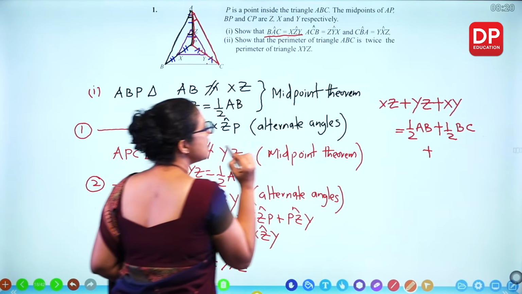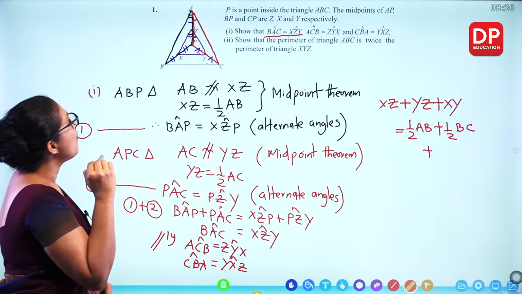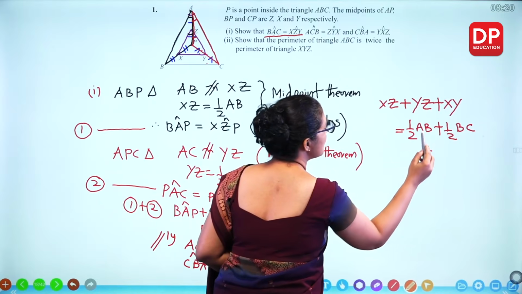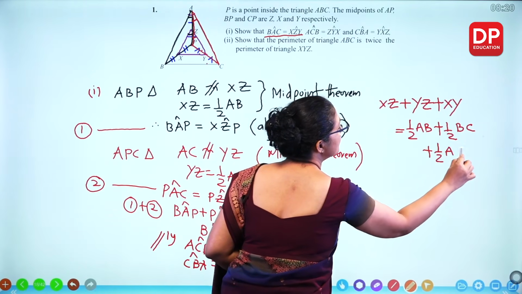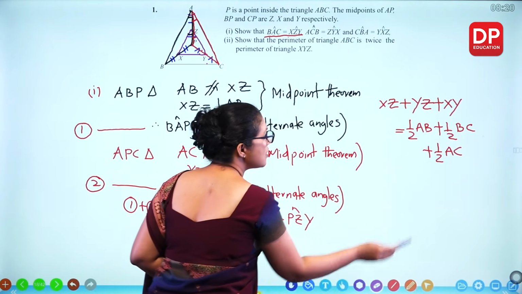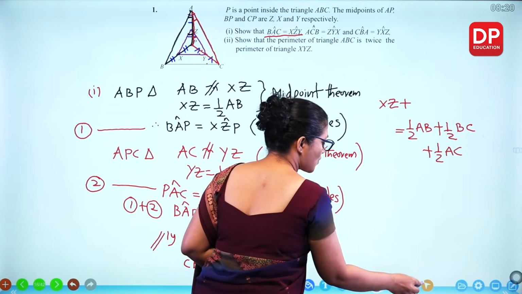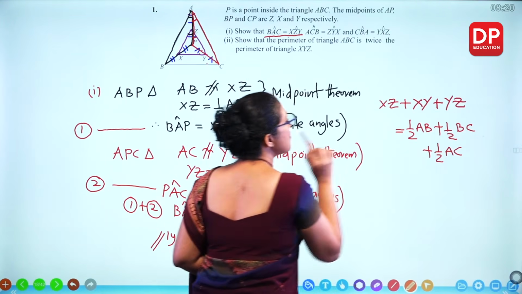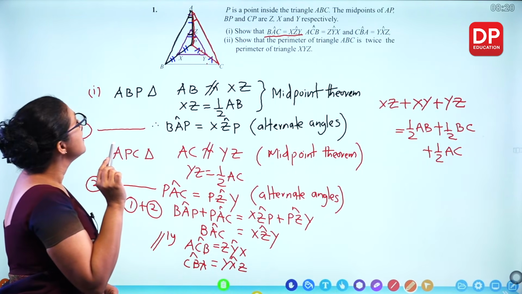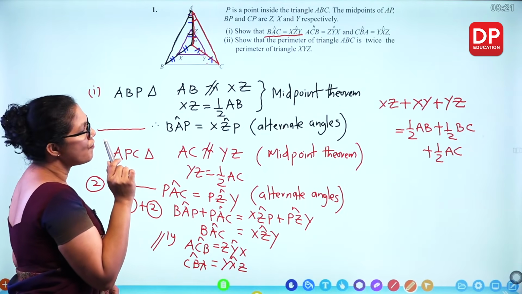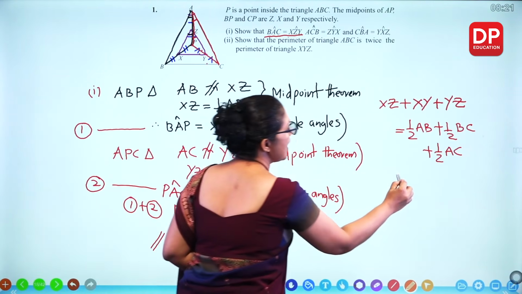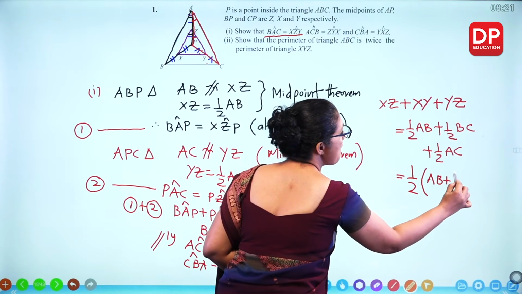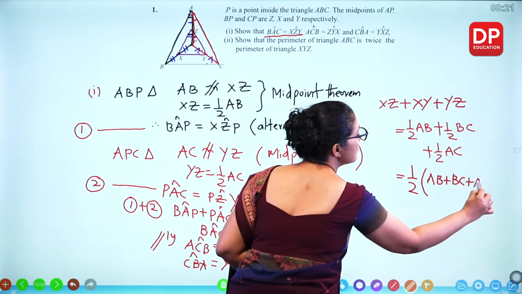and YZ. YZ is half of AC. So here I'll change the order. This is XZ, XY, and YZ, because YZ is half of AC. Then I can take half outside, AB plus BC plus AC.